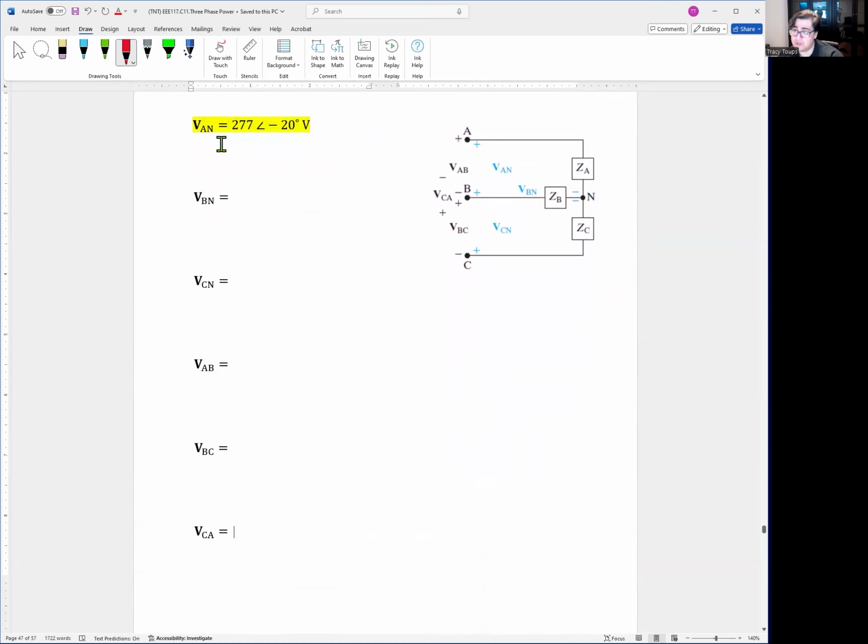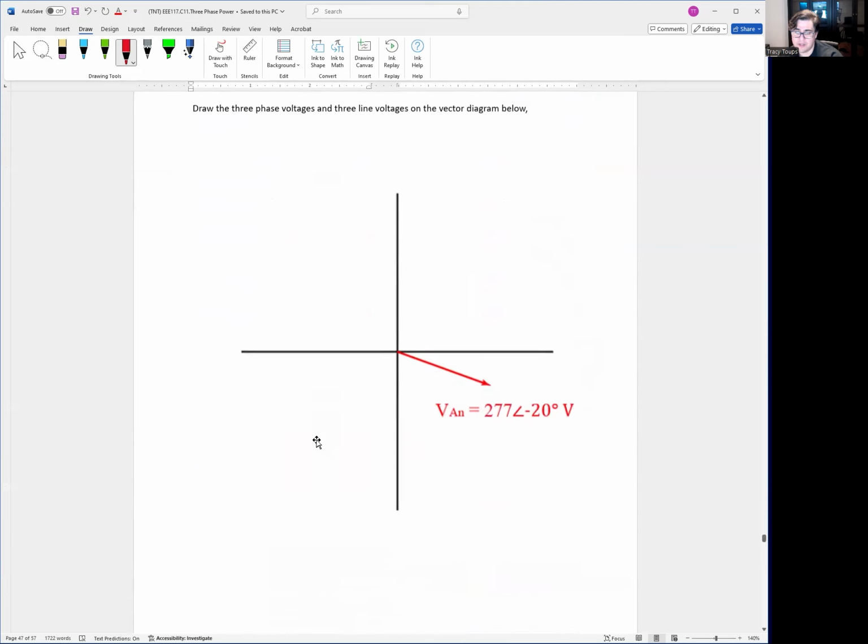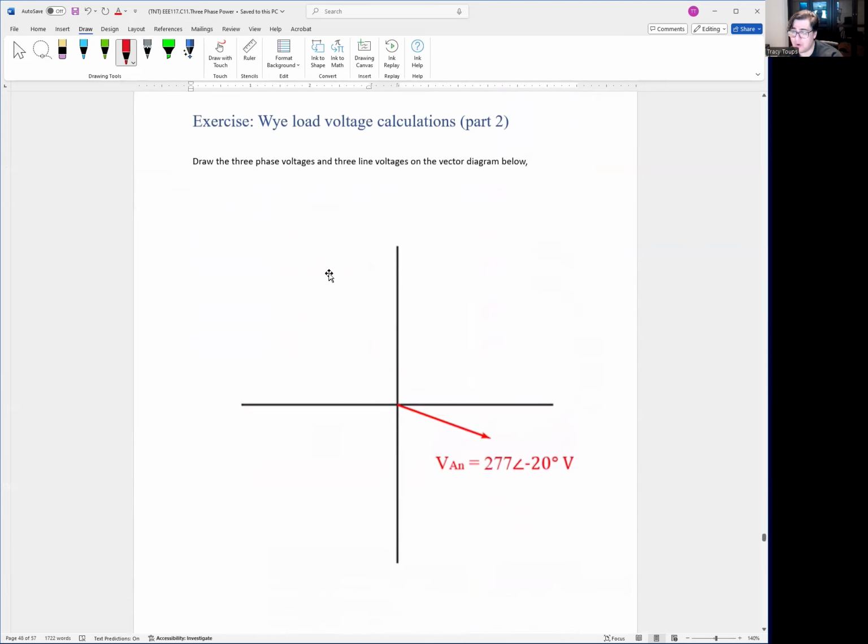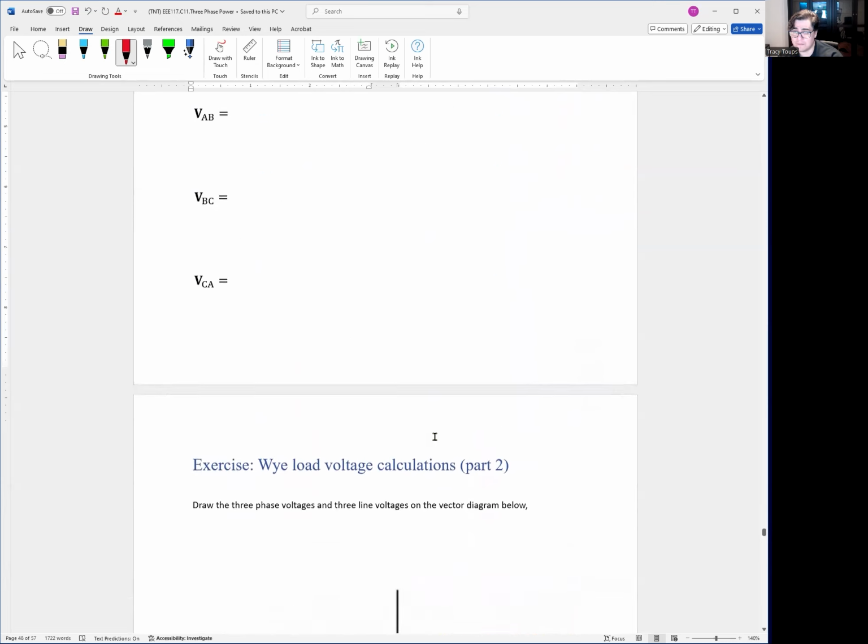So look through the notes we just did. You should be able to calculate VAB, and VBC and VCA will just follow suit. Okay. Then on here, I want you to accurately draw all 6 vectors. I already gave you the first one right here. VAN is 277, angle negative 20 degrees. Give me VBN, VCN, VAB, VBC, VCA, and try to be a little accurate. Okay.